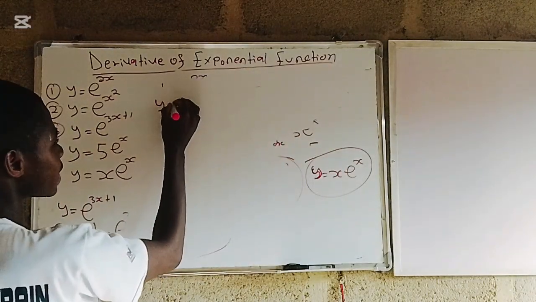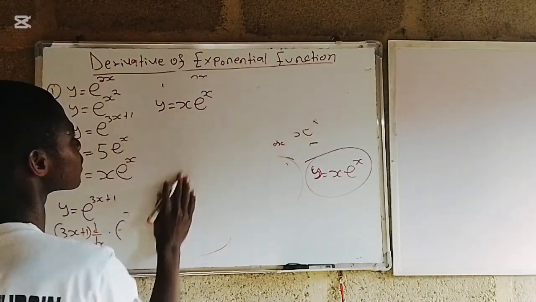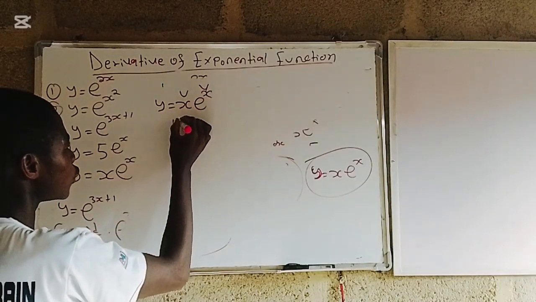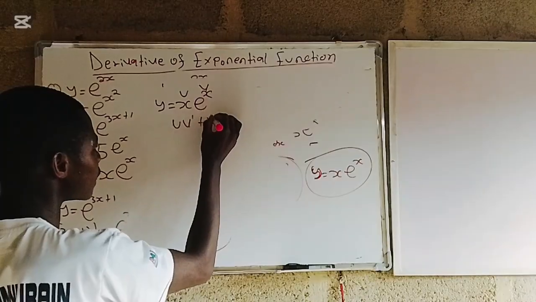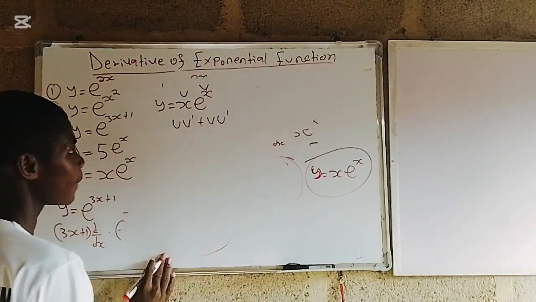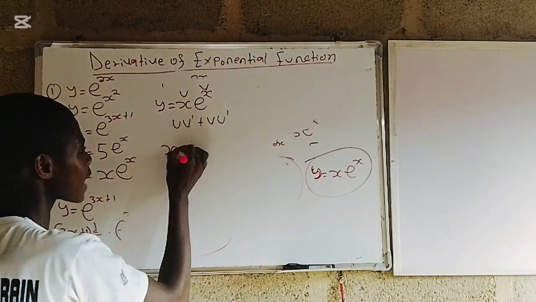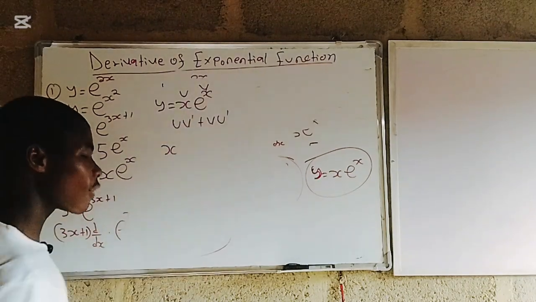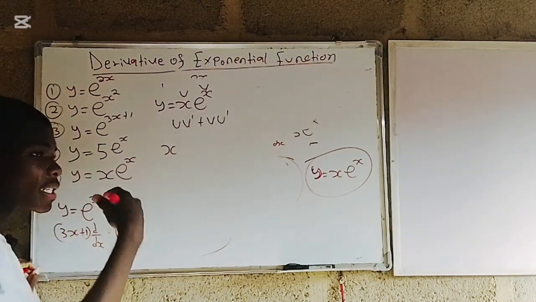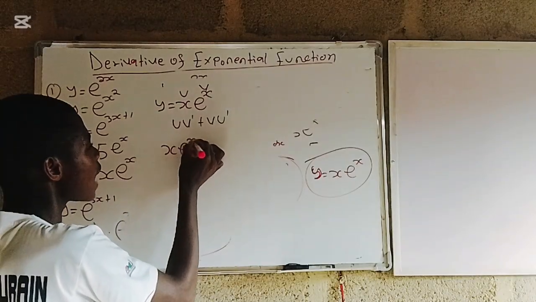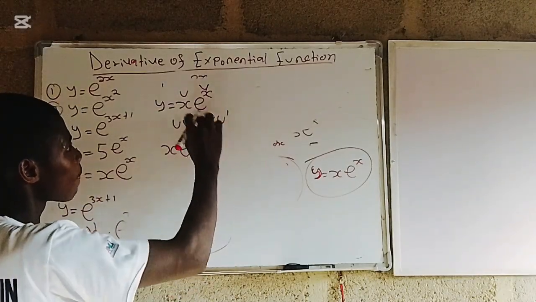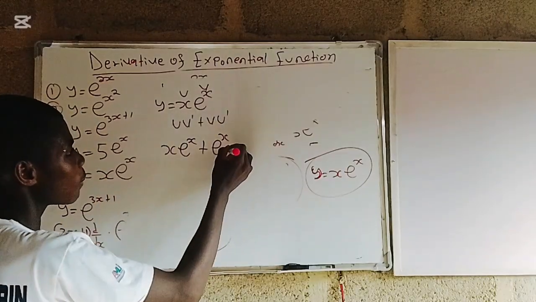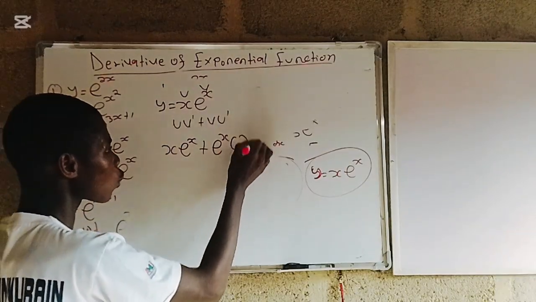So y equals x e to the x. Saying this is u, this is v, u v prime plus v u prime. What is u? u, which is x, keep it aside, and then v prime, the derivative of e to the power of x, is the same thing, e to the power of x. Plus v, this is v, e to the power of x, the same thing, multiplied by u prime, which is 1.